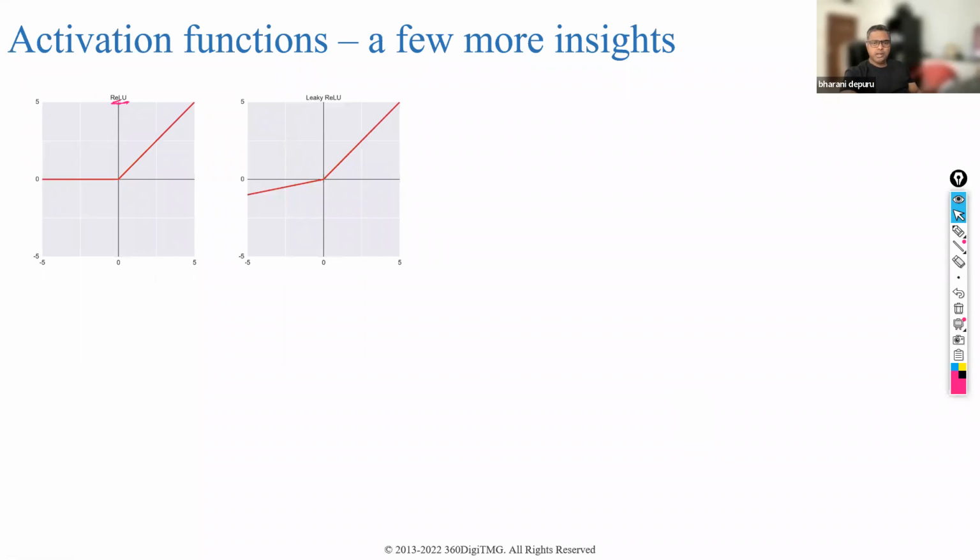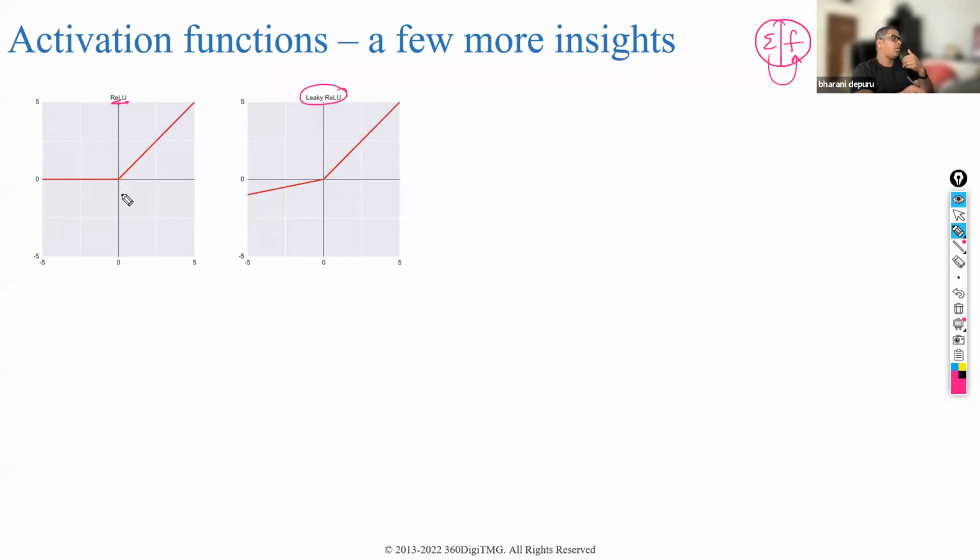Then you have the leaky ReLU activation function. People thought that if in a neuron you have integration and activation, and the integration value going into the function is less than or equal to 0, then you're forcing the output to be 0. However, what Leaky ReLU believes is that the negative values also have some impact on the output.